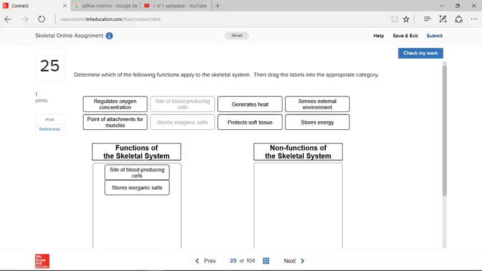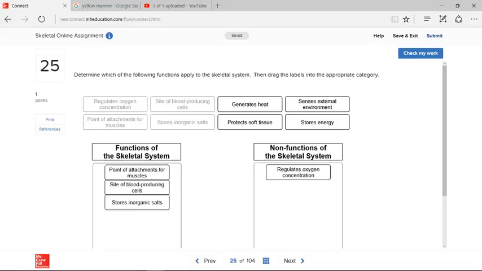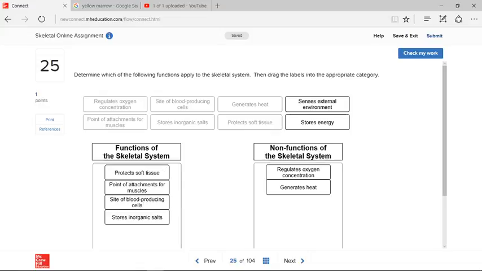Regulates oxygen concentration. No. Point of attachment for muscles. Dang right. Generates heat. In a way it does, but it doesn't, right? It's just attachments for the muscles. Protects soft tissues. Correct. If you need an example for protecting soft tissues, think of the thoracic cavity, right?